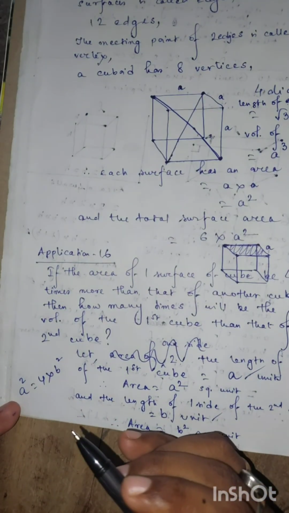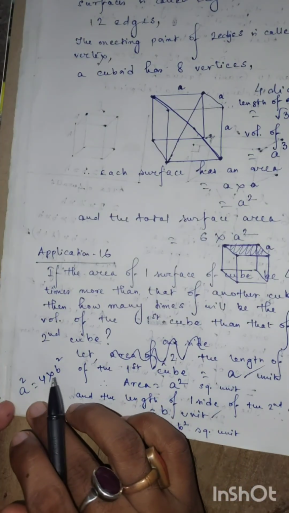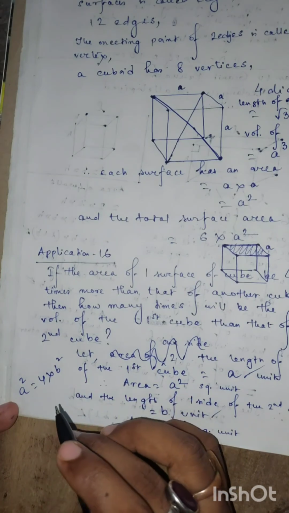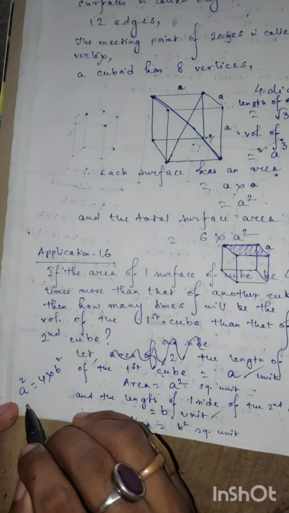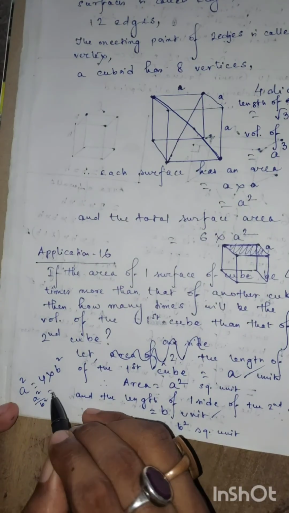This is what we are getting. Now from this we can say a square by b square is equal to 4.